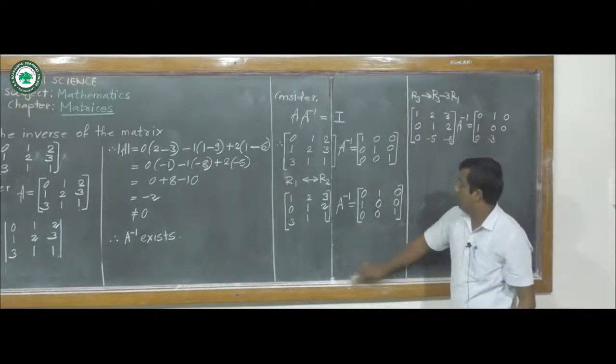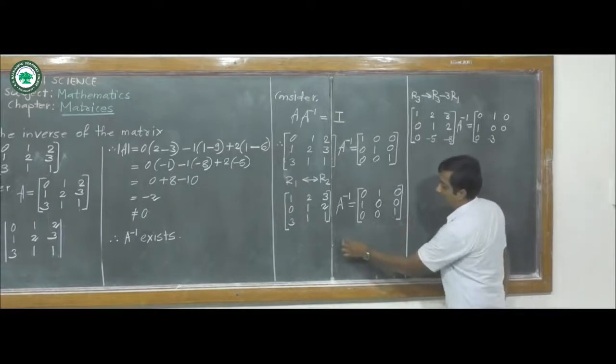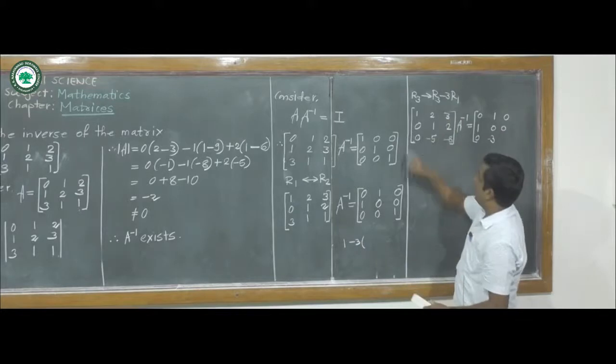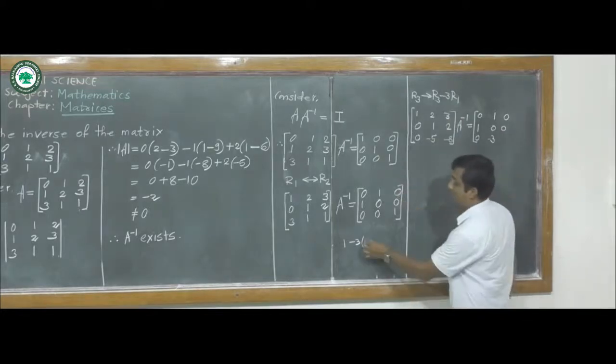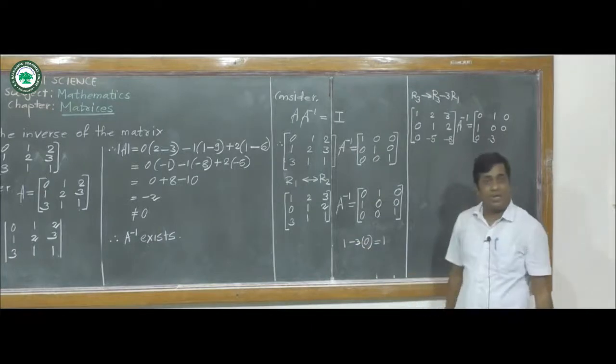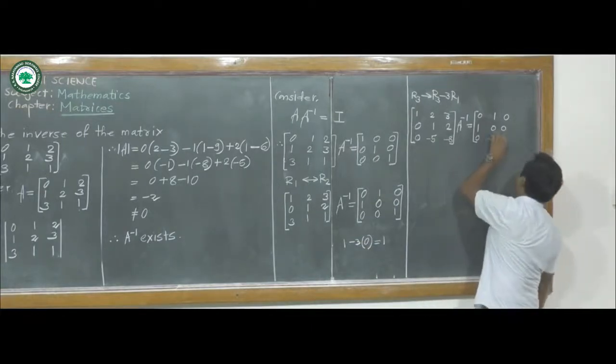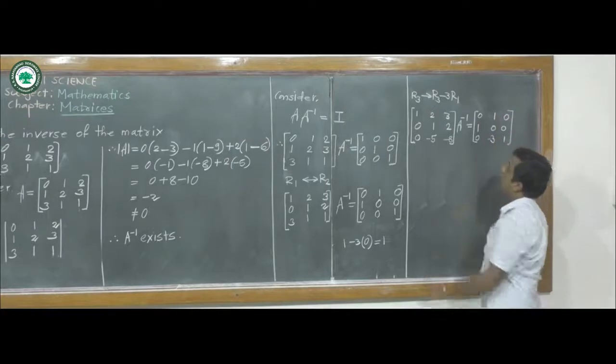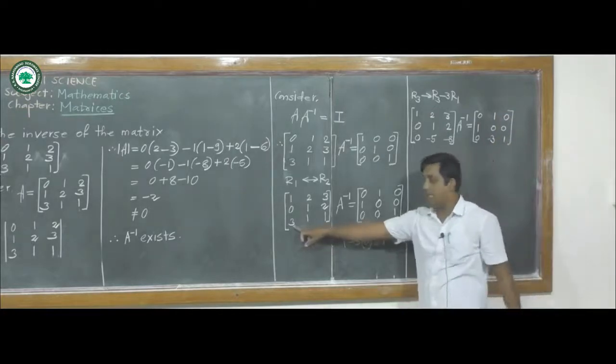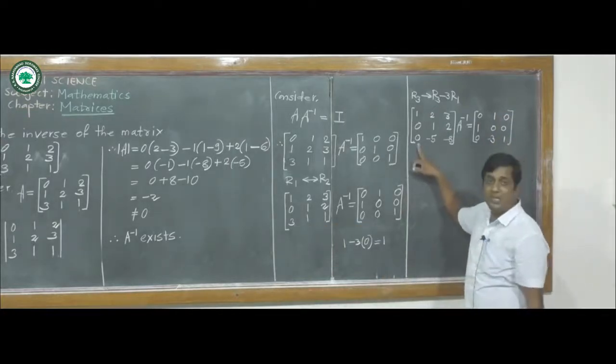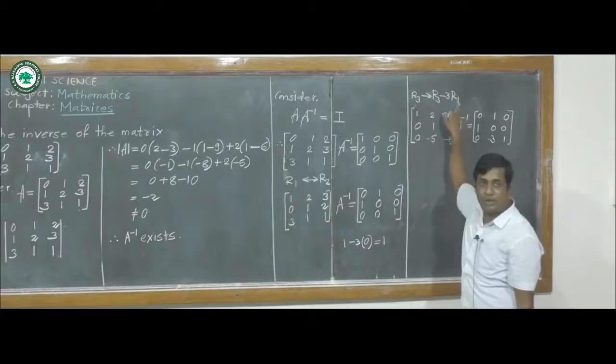Next, the last element from third row is 1 with minus 3, the last element from first row is 0. We get 1 minus 0, and 1 minus 0 is 1. So here we have 1. So in the position of 3, we have made it 0 by using this transformation.